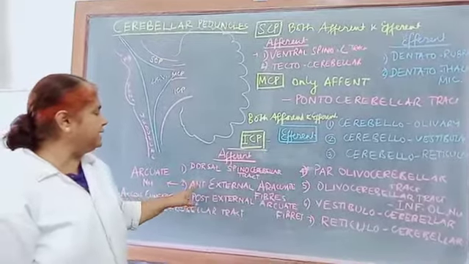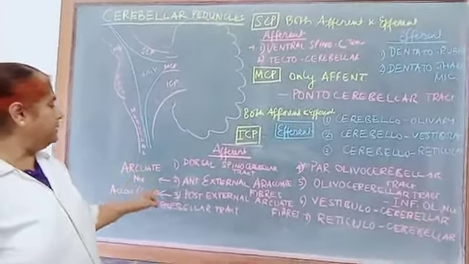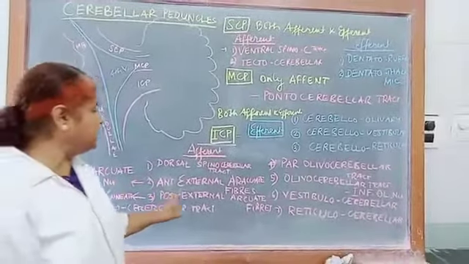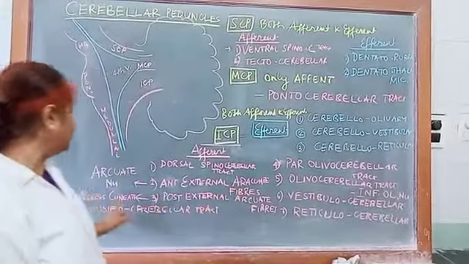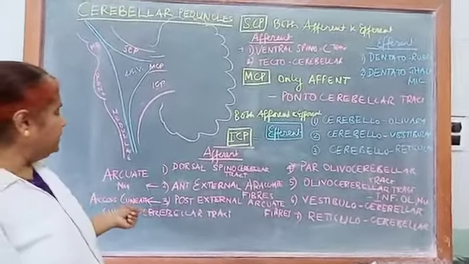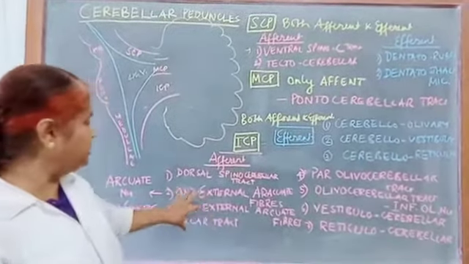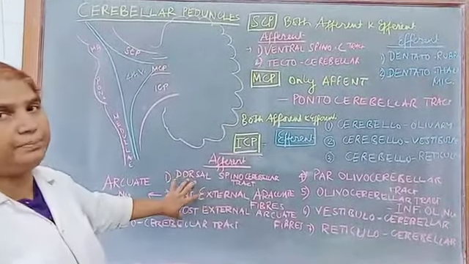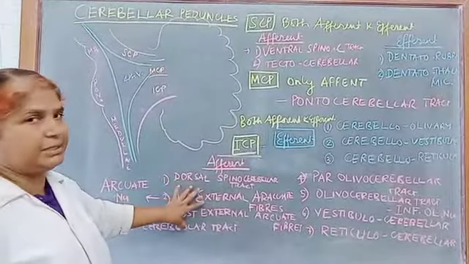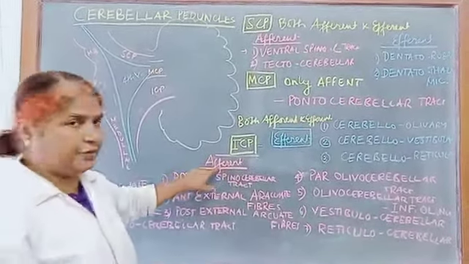Then there are the anterior external arcuate fibers from the arcuate nucleus of the medulla, then the posterior external arcuate fibers, which are from the accessory cuneate nucleus of the medulla. This fiber is otherwise called the cuneocerebellar tract. So these all together will carry the position and muscle sense of the upper limb and lower limb to the cerebellum by the afferent fibers.